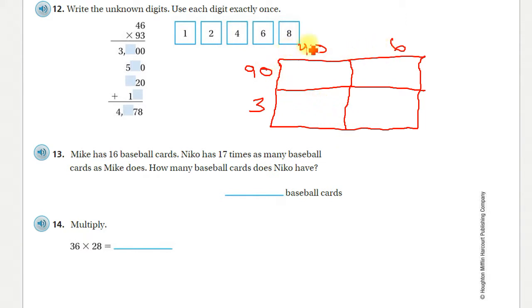So you guys got to remember, start at the top and start with the first number at the top, 40. And you have to multiply this 40 times the 90, and then you have to multiply it times the 3.